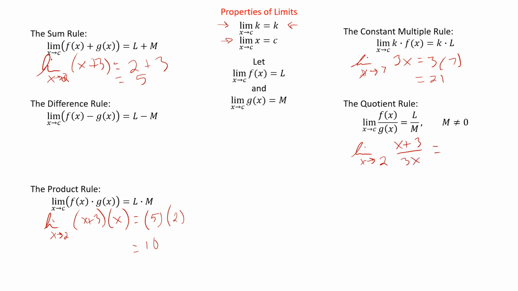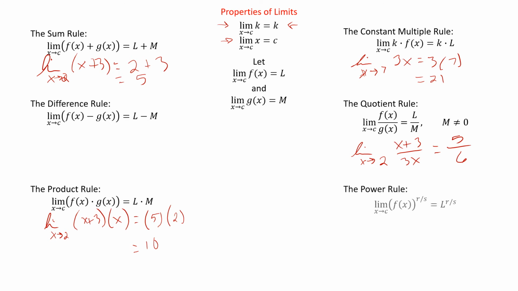Well, we know the limit as x goes to 2 of x plus 3 is 5. We've seen that a couple times. Over the limit as x goes to 2 of 3x. Look at the previous one. If we had limit as x goes to 2 instead of 7, you see we'd have just 3 times 2, which would be 6. So it's 5 over 6.